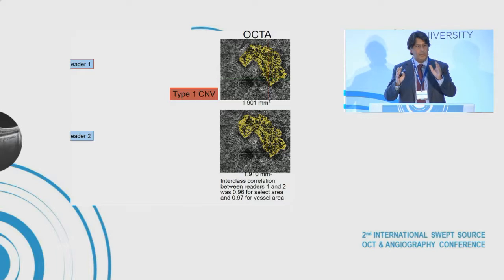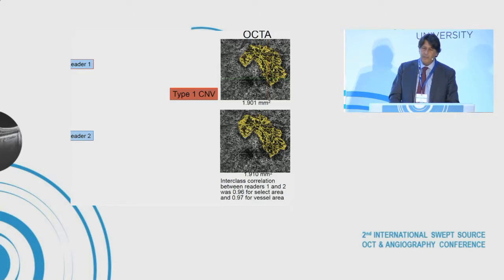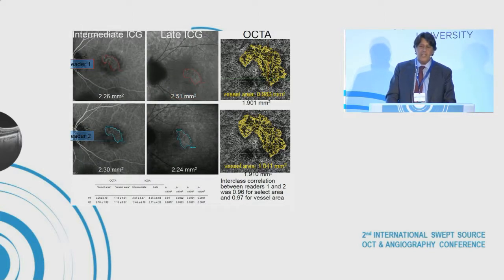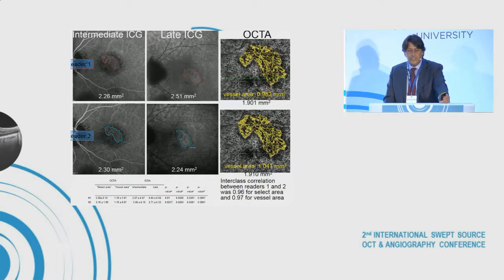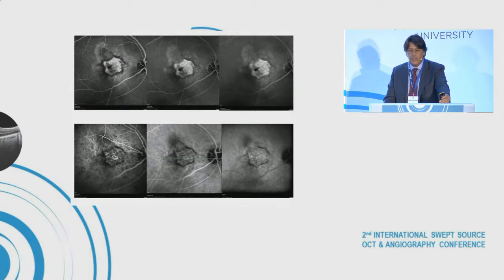It's reliable, but does it reflect the reality? To evaluate the size of a lesion, today the gold standard is not FA, but it's ICG. So we compared OCT-A versus ICG, and yes, OCT-A is at least as good as ICG, and there is no leakage, to evaluate the size of a lesion.